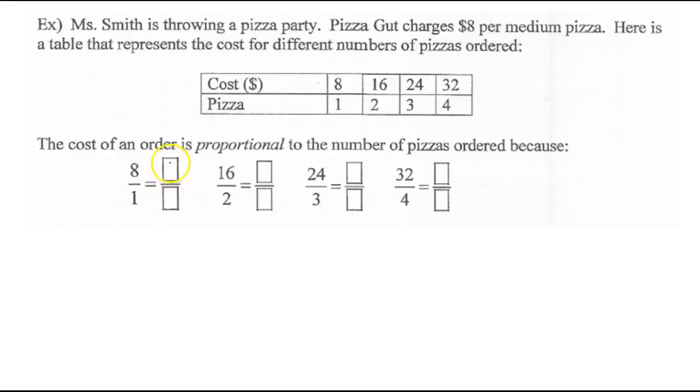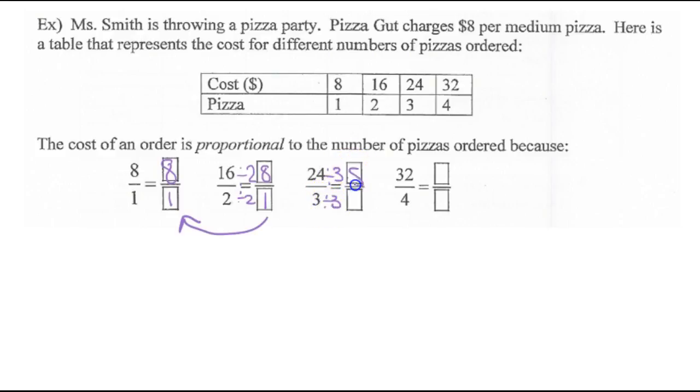because, well, if we take this right here, this is already in unit rate form. If we change 16 over 2 down to unit rate form, we're going to divide by 2. We're going to get 8 over 1, so this matches right here. 24 over 3, let's divide this out to unit rate form.